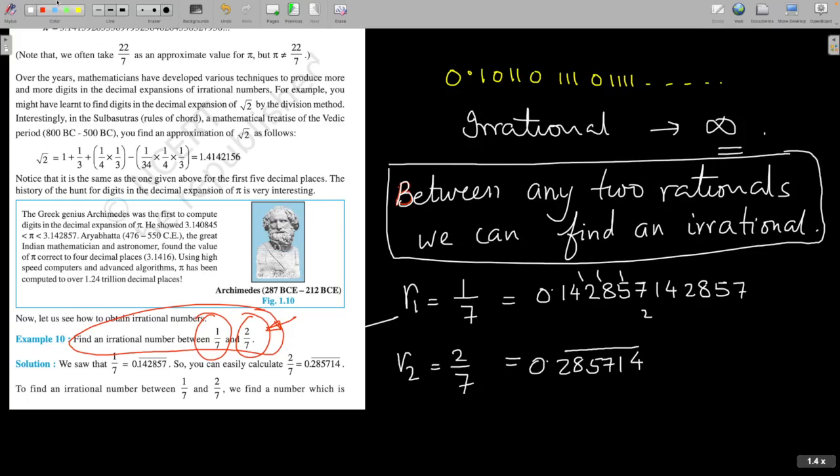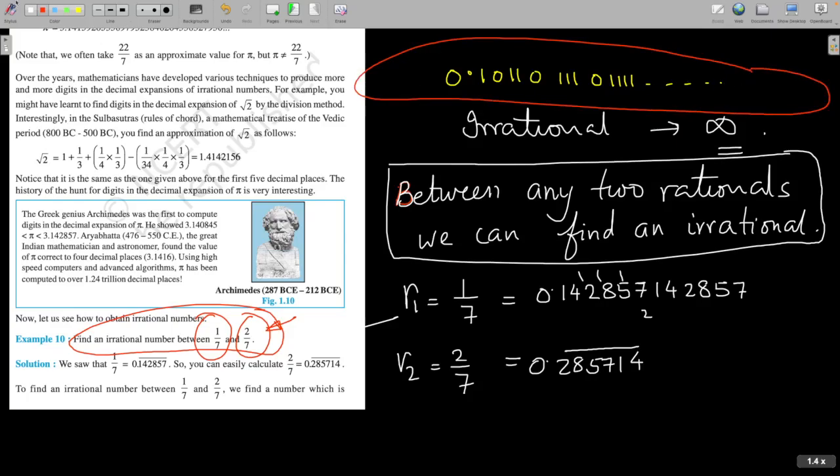So I just want to tell you that I'm going to use this idea, which seems to be a very cool construction idea. So what I'll do is I'll first, let's call it x. I'll first find a number which is clearly more than R1. So let's start with 0.15.